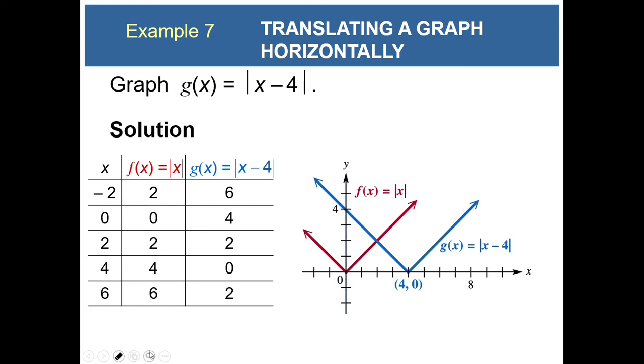If you look at the points on the graph, the points are shifted 4 units to the right for the vertex, and similarly for each of the points on the graph, all of the points are shifted 4 units right. This is a negative 4 on the inside, but it actually shifts it to the right 4 units. It's kind of opposite of what you would expect.